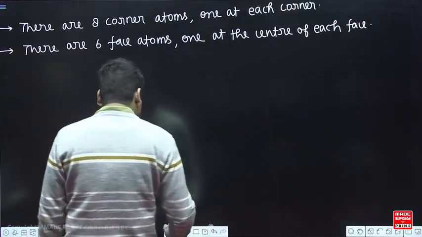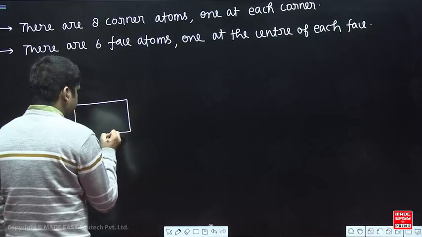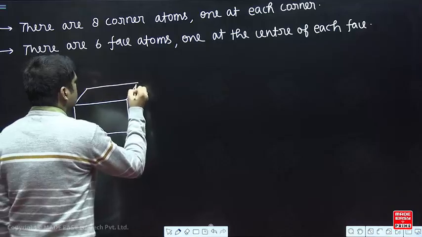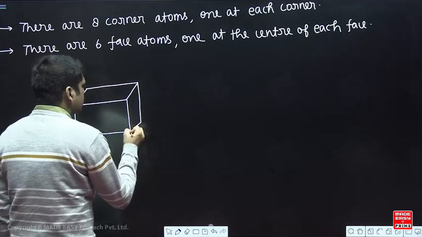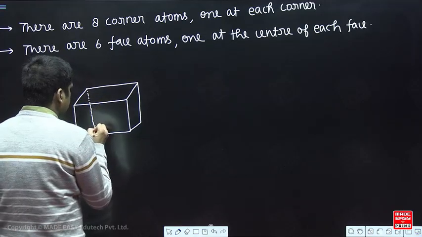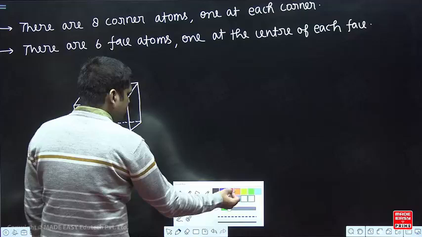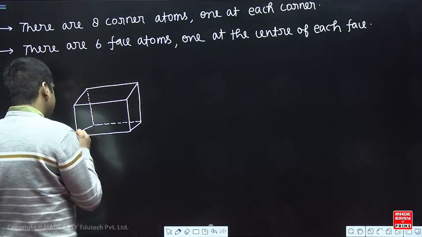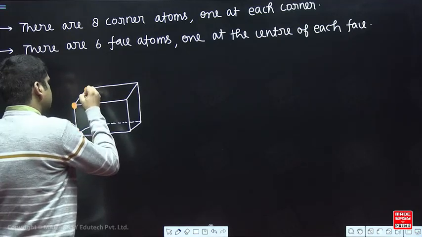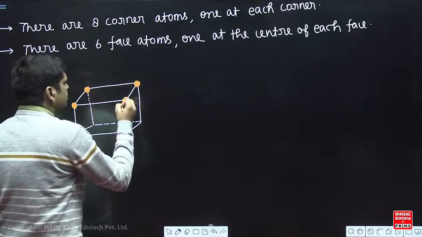Let us make the cube. This is our cube. So there is 1 atom at this corner, 1 atom at this corner, 1 at this corner, 1 at this corner, 1 at each corner.